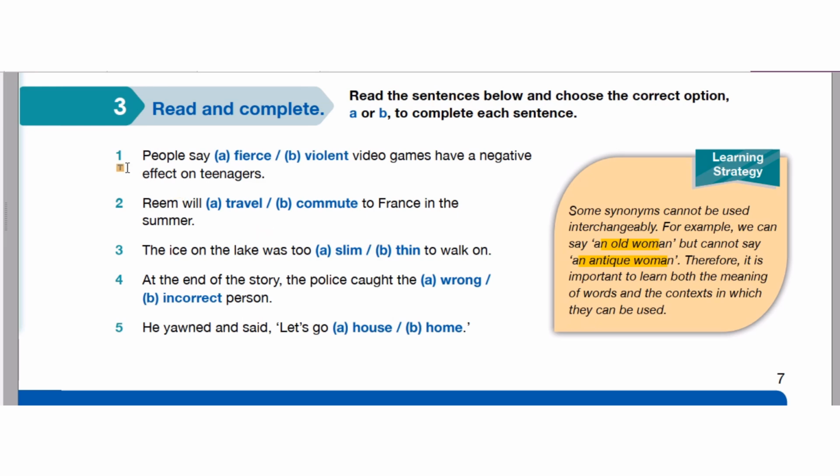Therefore, it is important to learn both the meaning of words and the contexts in which they can be used. Okay? We move to number one. People say fierce video games or violent video games. We cannot say fierce video games, we say violent games, not fierce. People say violent video games have a negative effect on teenagers.